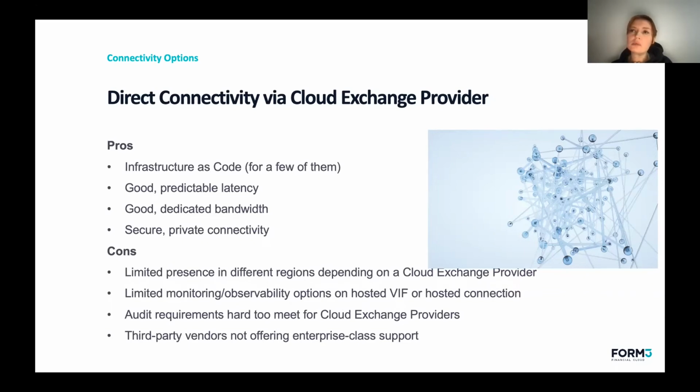So the latency was unacceptable for us. As far as I know, that's changed, and now Megaport provides redundant links in the London region as well, but you can see that it may vary from cloud exchange provider to cloud exchange provider, from region to region.